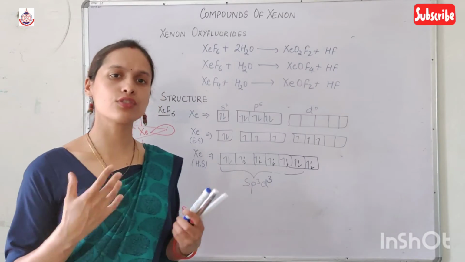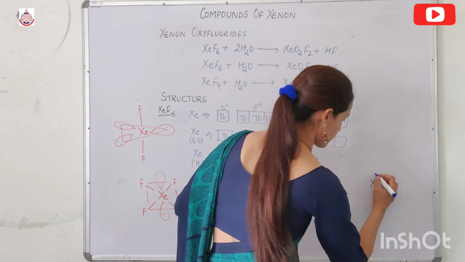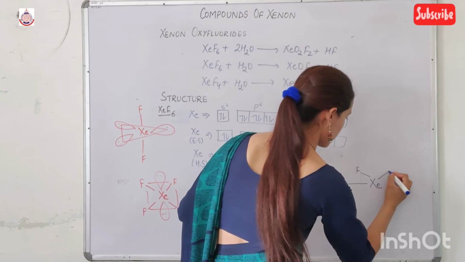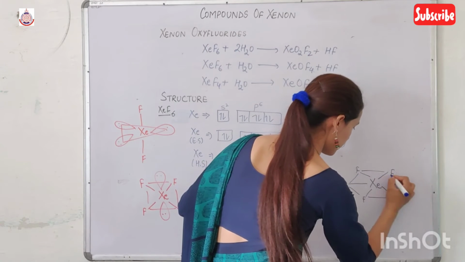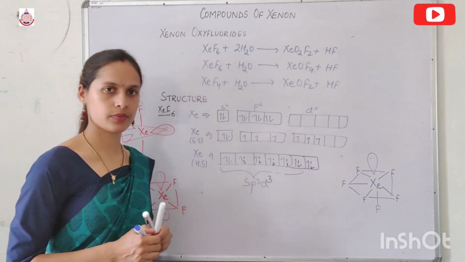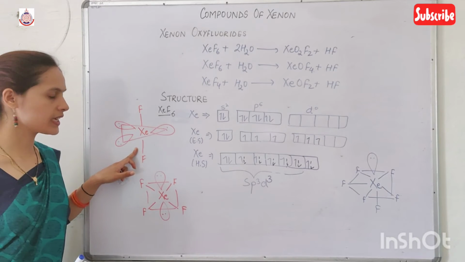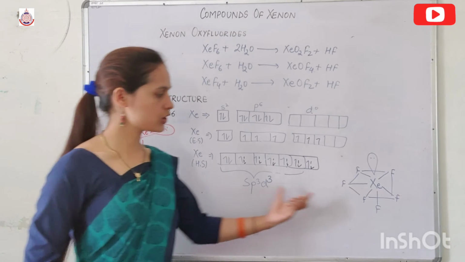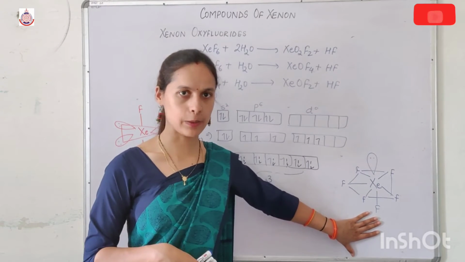You may write it as distorted geometry. So it is like this: F, F, F, F and F form one pentagon, here one lone pair and here one fluorine. Clear? So in this way, the shape of XeF2 is linear, the shape of XeF4 is square planar, and the shape of XeF6 is distorted or pentagonal pyramidal.